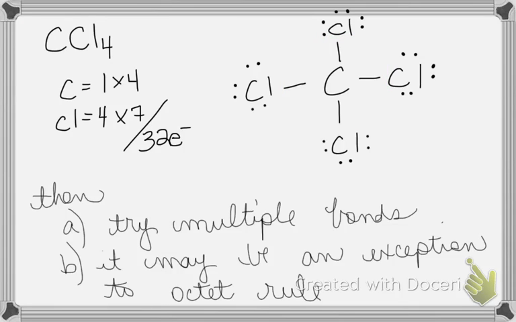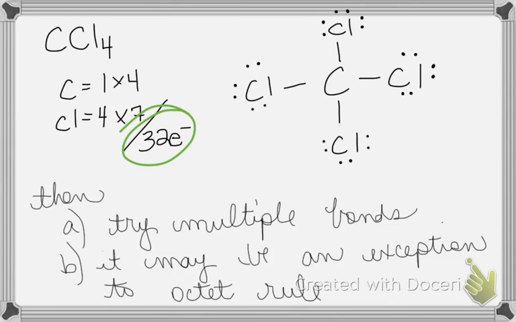The second thing you need to check: did you use all the electrons? Did you use all 32? No more, no less. So when you put leftover electrons on the one in the middle, how would that affect it if it's already full?